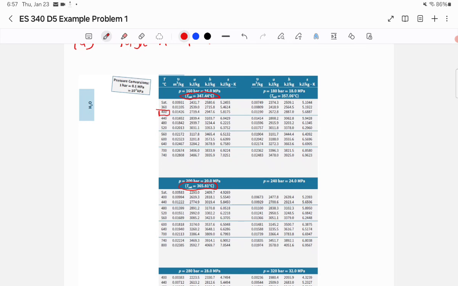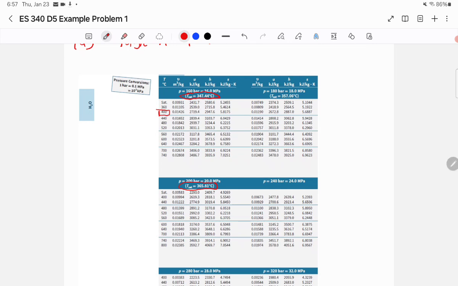Now again, we could have had a situation which would have led us to have to go back to the saturated tables. If we had come in at the saturation temperature or below the saturation temperature, we might have to back up to those tables, or to the compressed tables, depending on the situation.